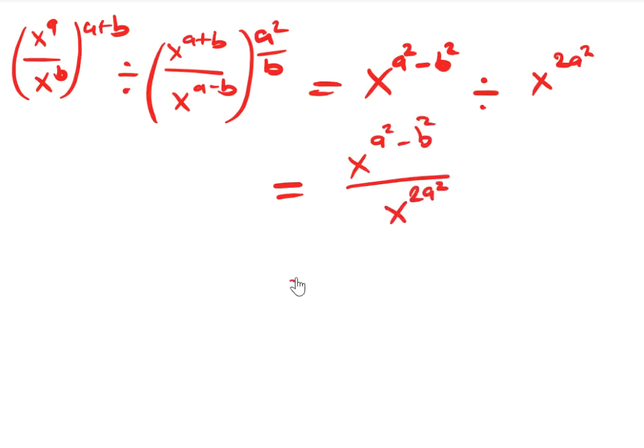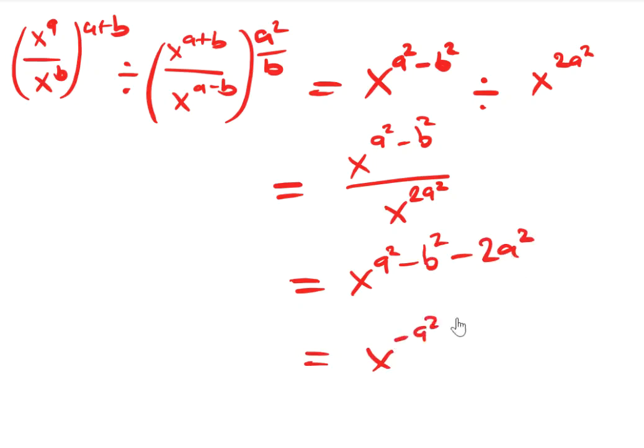Then simplifying this to get to our final answer, x raised to power a squared minus b squared divided by x raised to power 2a squared is equal to x raised to power a squared minus b squared minus 2a squared. A squared minus 2a squared will give me minus a squared minus b squared.